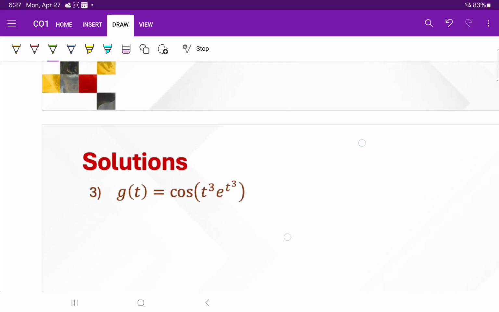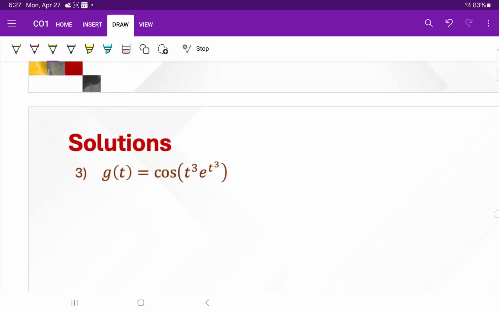Okay, the next is g of t is cosine of t cubed times e to the t cubed. Alright, so here, what formula will you use? Derivative of cosine. And the derivative of cosine is negative sine. Here, this is u. So what is g prime of t?